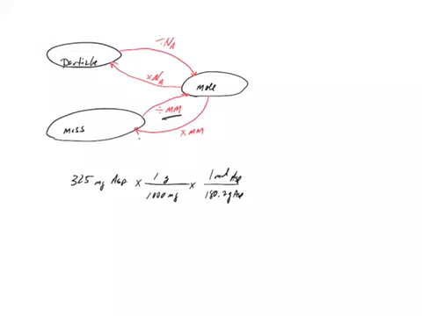And then to go from mole island to particle island, I use Avogadro's number. I would multiply by Avogadro's number, 6.02 times 10 to the 23rd molecules of aspirin for every 1 mole of aspirin. And I would get the exact same number, okay? Because it's exactly the same thing mathematically. I just like this better. I think it's a neat little diagram that you can use to help understand how to move back and forth between these islands.